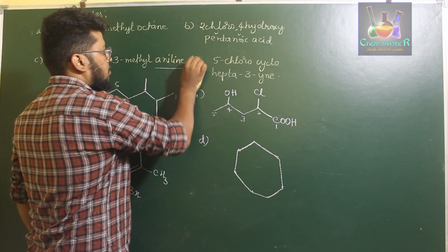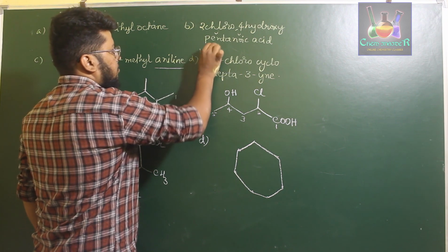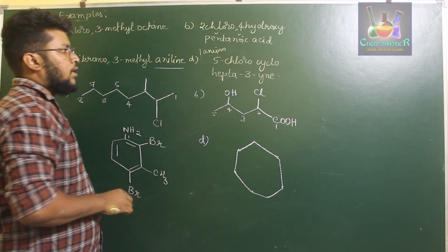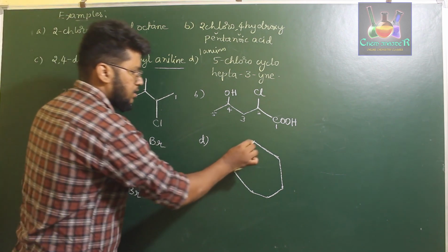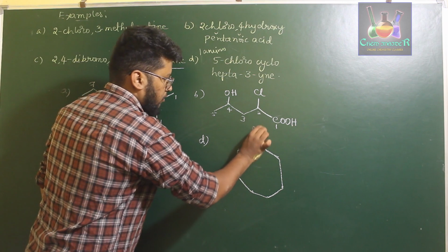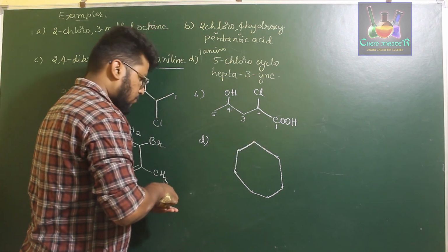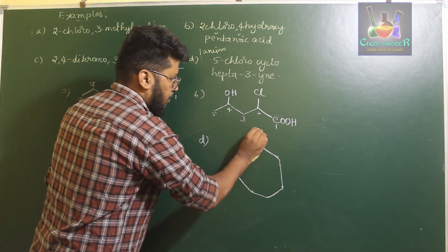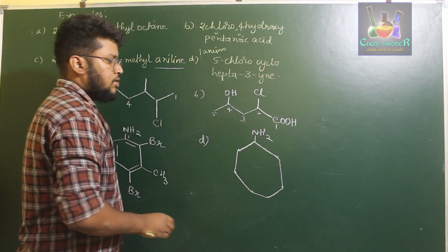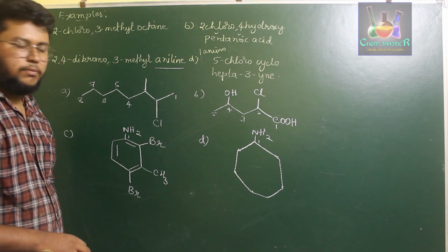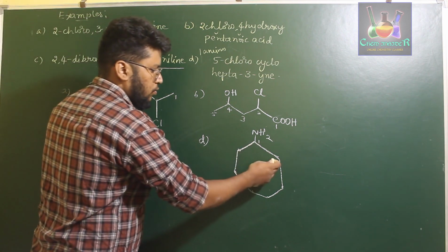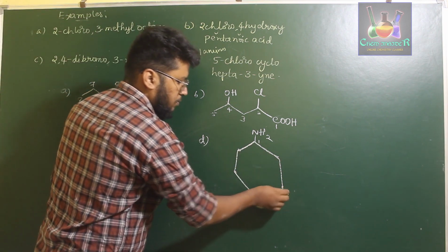So now in this particular compound, what we can do is we'll put one more functional group, 1 amino. So the first position we have an amino group. So let us write 1 amino. So let this be the amino group NH2. So this is the first position, and at the third position we have a triple bond. 1, 2, 3. So this is the third position.